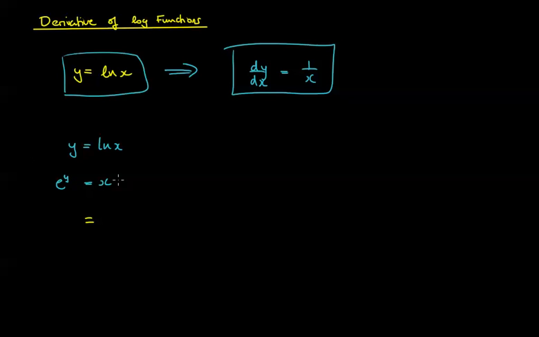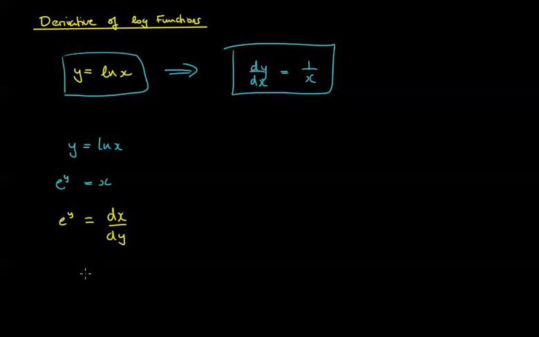But what I'm going to do is I'm going to differentiate this function like this, dx by dy. So think about what I'm doing here. I'm going to differentiate x with respect to y. So what would that be? Well, if it's e to the power y, it would just be e to the power y. Okay?